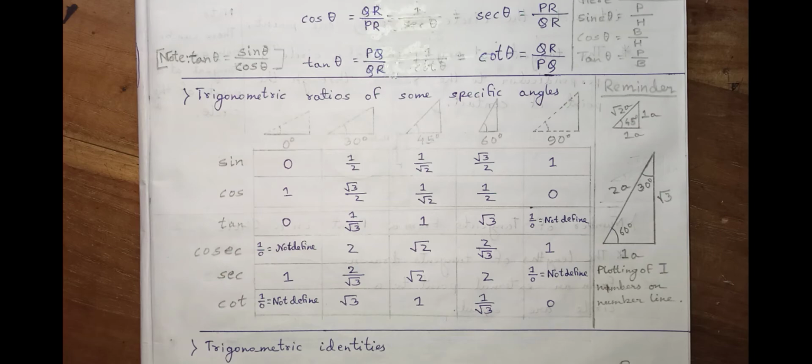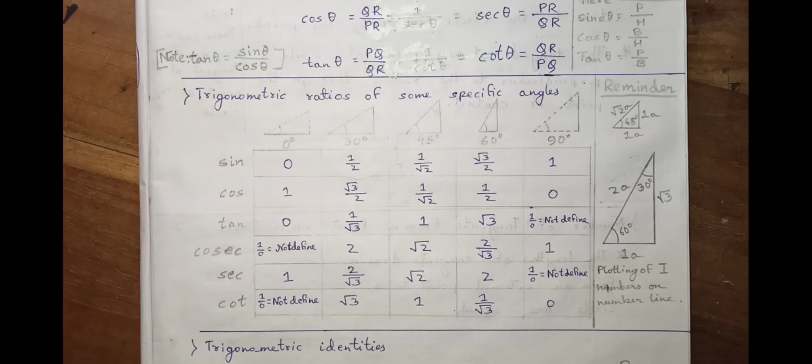So for sine 30 degree, we keep our focus on the 30 degree angle: side opposite by hypotenuse. The side opposite is 1a and the hypotenuse is 2a, so it is 1 by 2. Sine 30 degree is half.